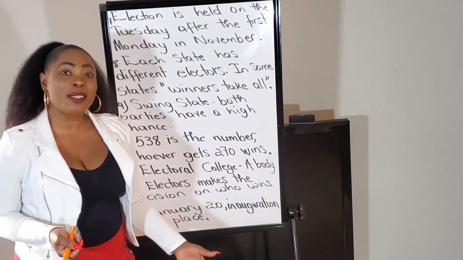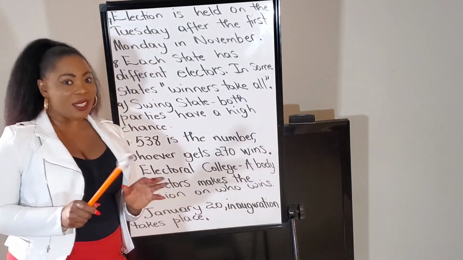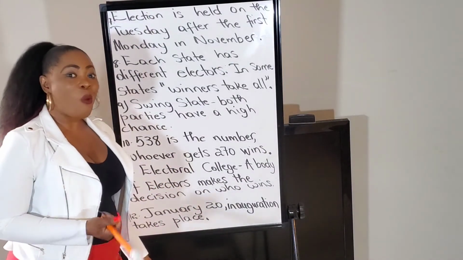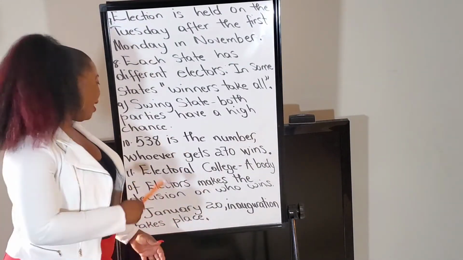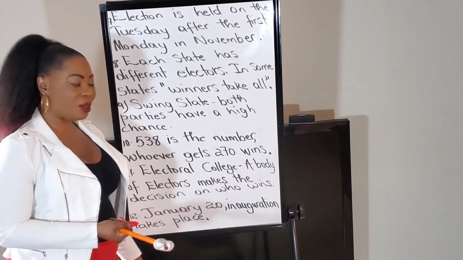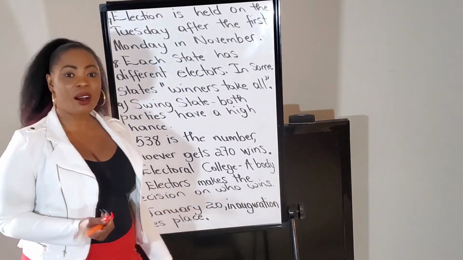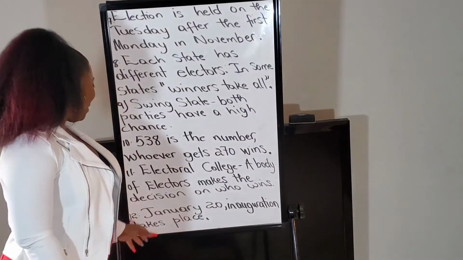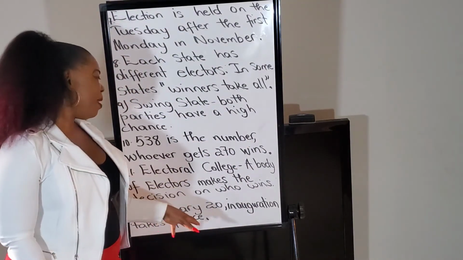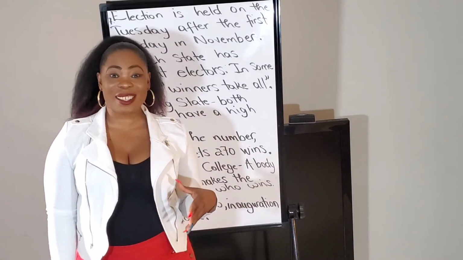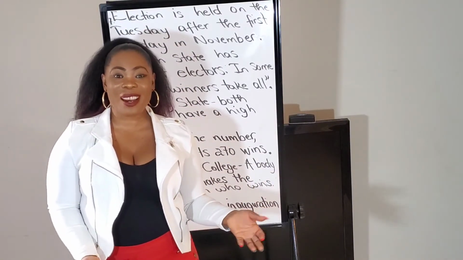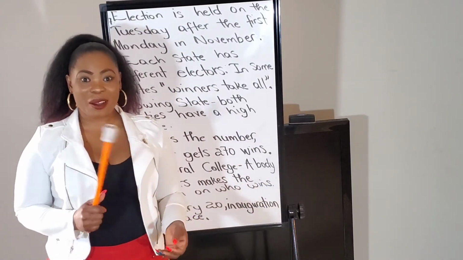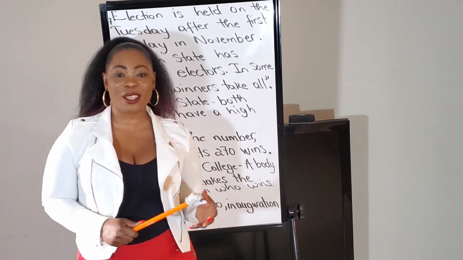Well, I might say the word win, but it doesn't even come as easy as that, because after that, there is what is called the Electoral College, right? The Electoral College is a body of electors, and they make the final decision. This is done in January.